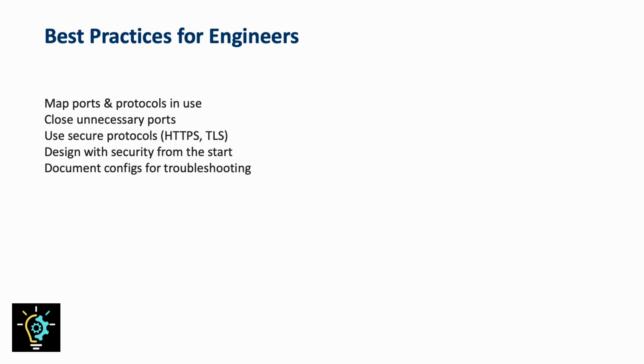When designing new medical devices, build in security from the start rather than adding it later. Document configurations clearly so maintenance teams know how to troubleshoot. By following these best practices, you can reduce the risk of miscommunication, downtime, and security breaches that could impact both hospital operations and patient safety.